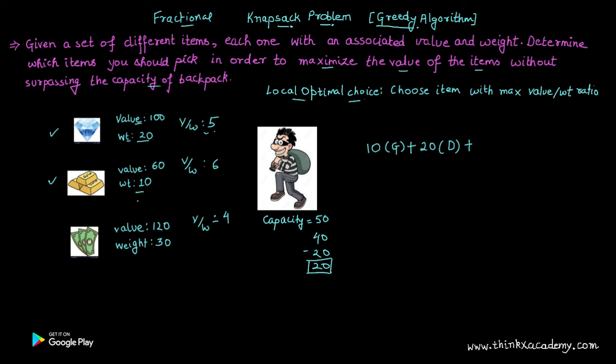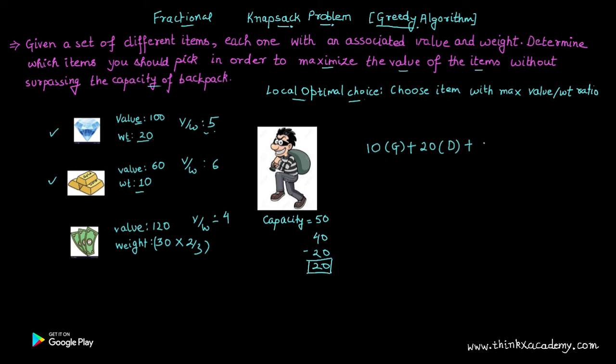This applies only if we are allowed to choose fractions of some items, because there will be some items which cannot be fractioned. You cannot take some proportion of them. So let's suppose we are just going to take 2/3 of this weight. He is going to take the cash and fill the remaining capacity of 20.